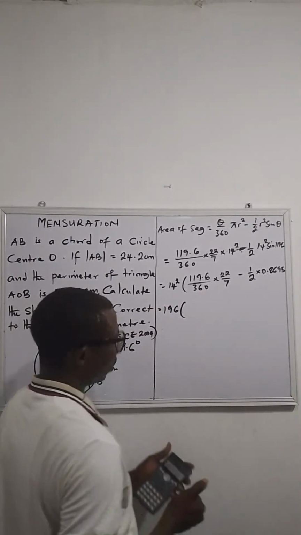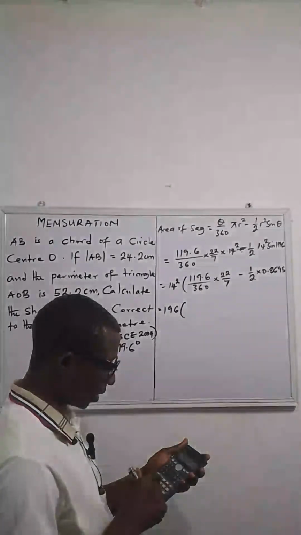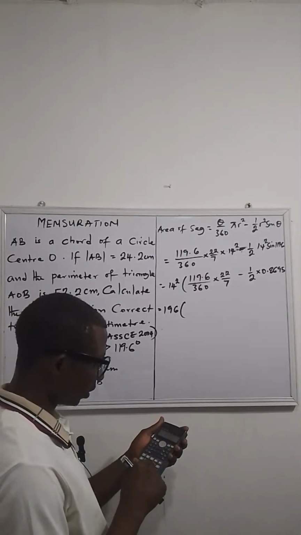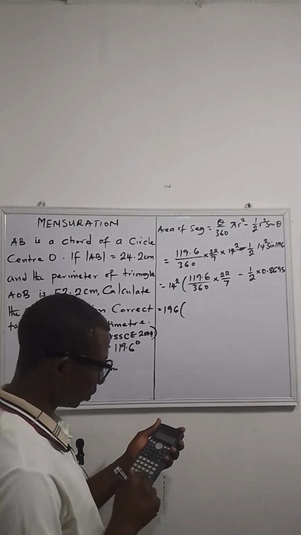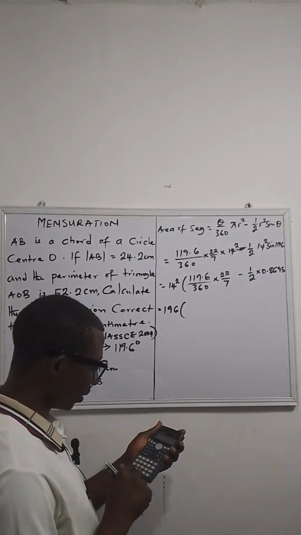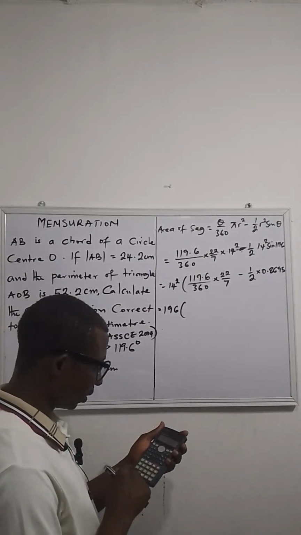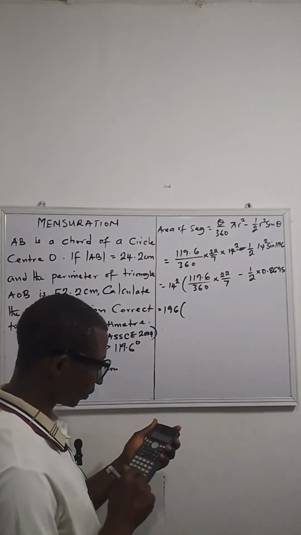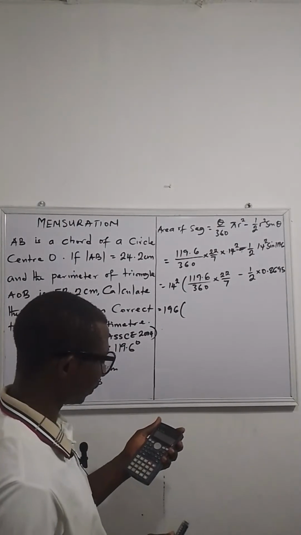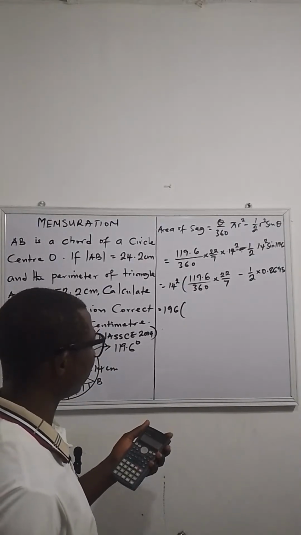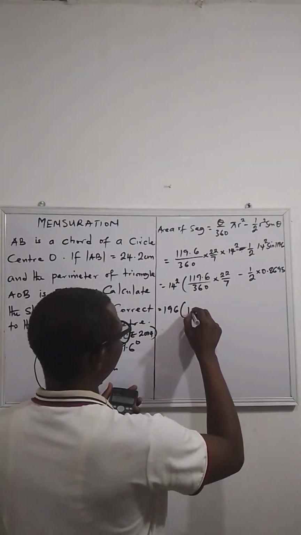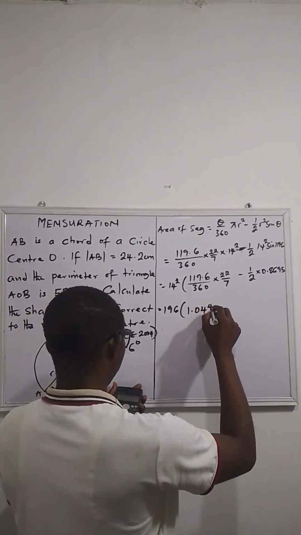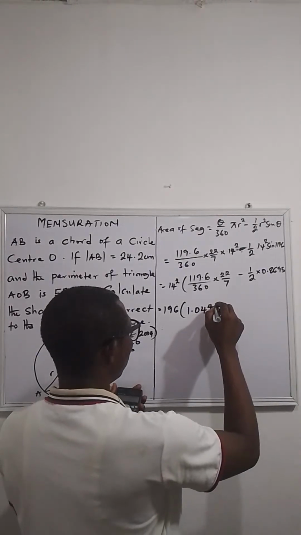So we have 119.6 times 22, everything divided by 360 times 7. What do we have for that? We have 1.0441.